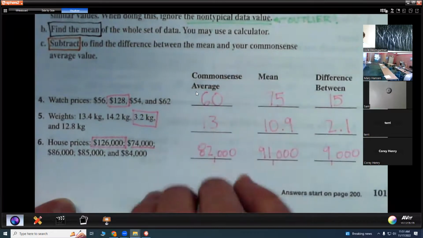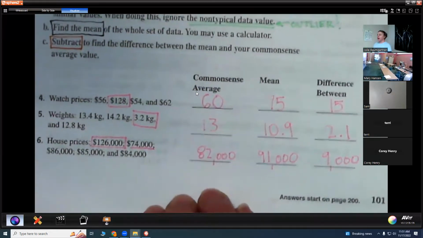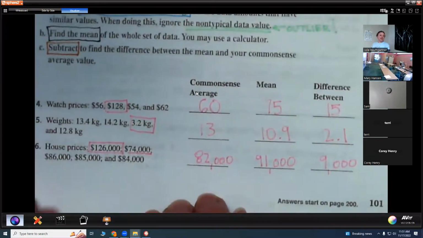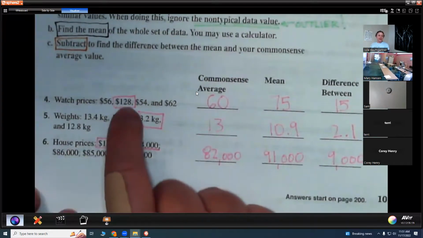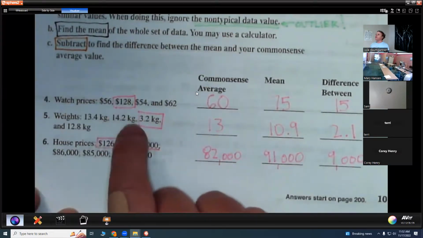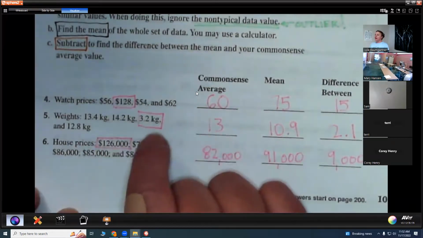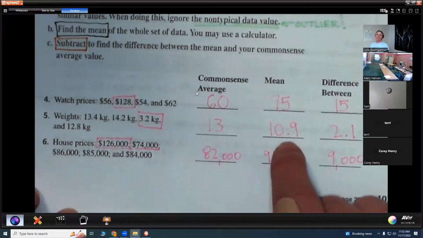Is everyone remembering that from Tuesday? The outlier is going to be either significantly larger or significantly smaller than the other numbers in the data set, and when that occurs, it affects our mean.